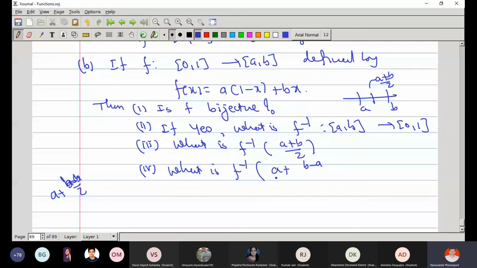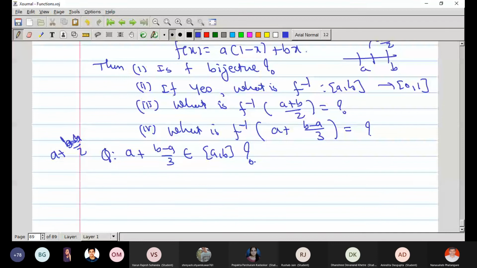The question I would like to ask: is a plus (b minus a) by 3 in the codomain? Is it inside (a, b)? What is your guess? And what is a simple observation?